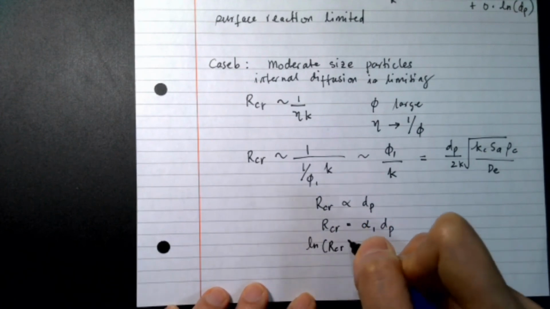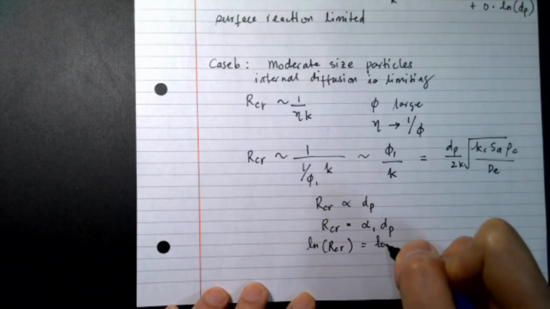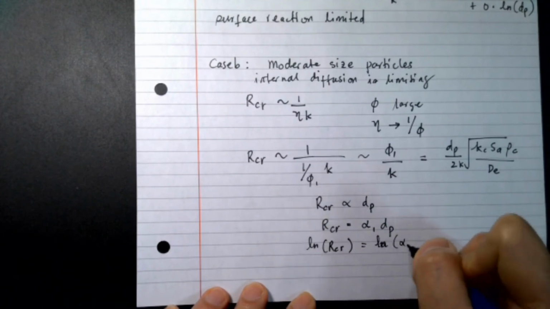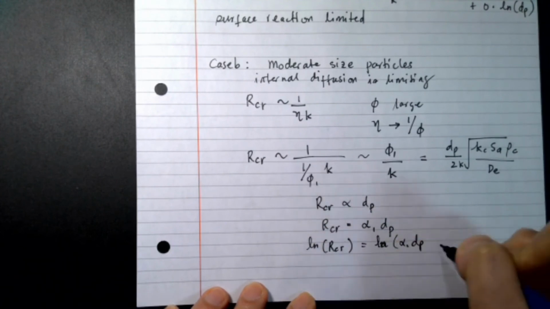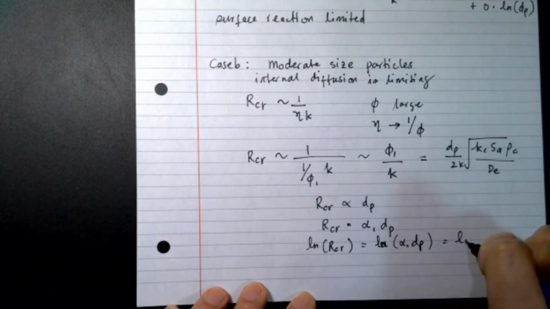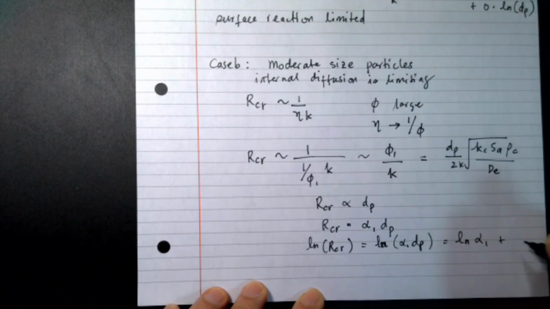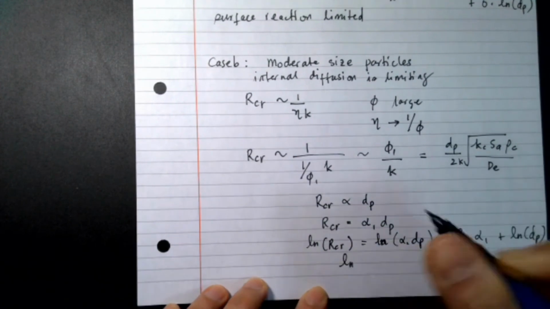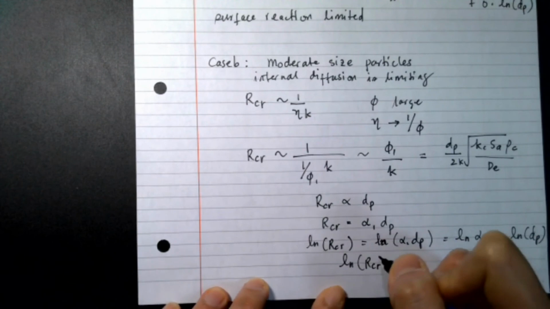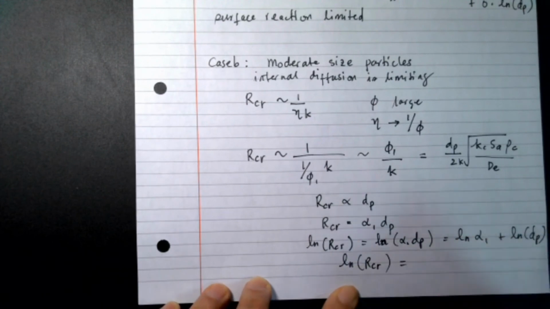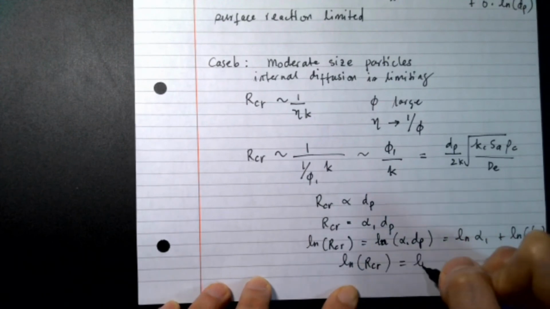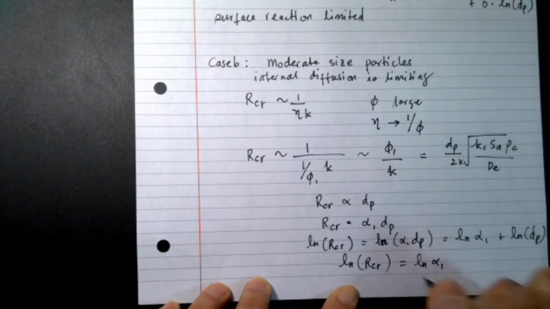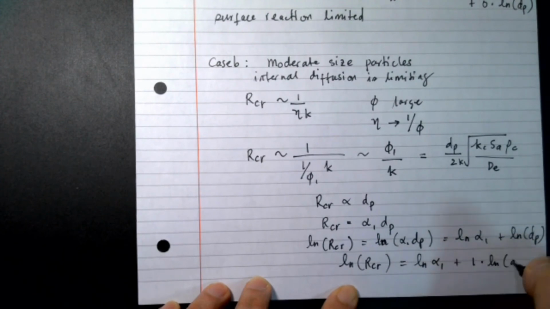So log of RCR is equal to log of alpha 1, which is constant, plus 1 times the log of dP.